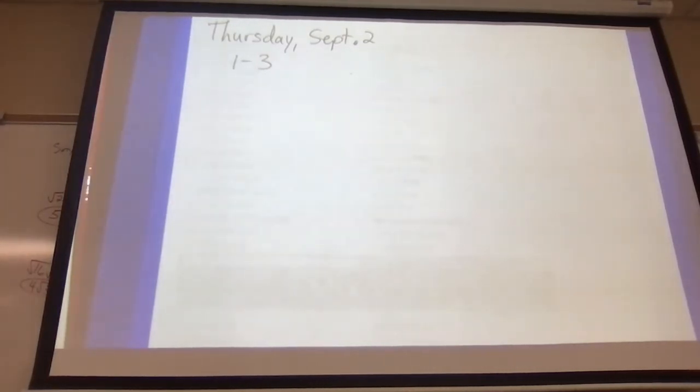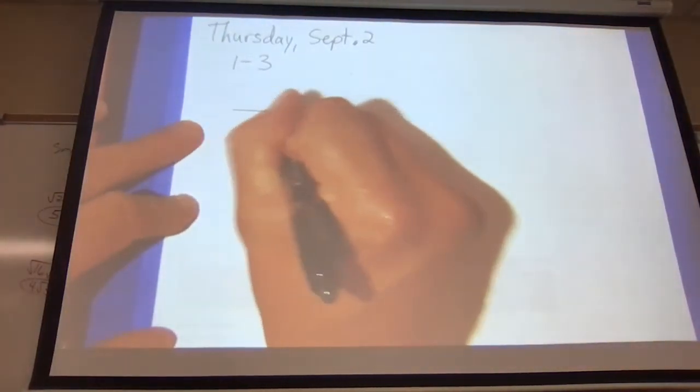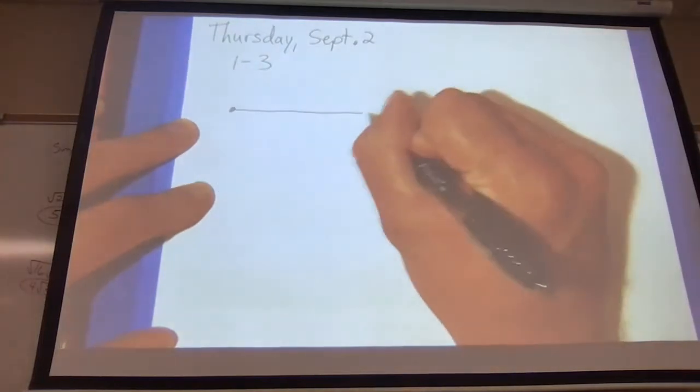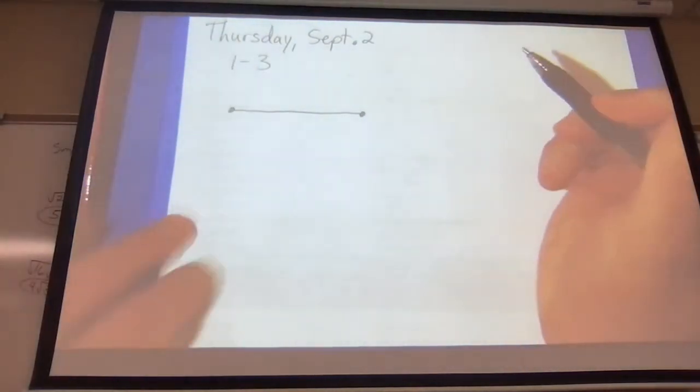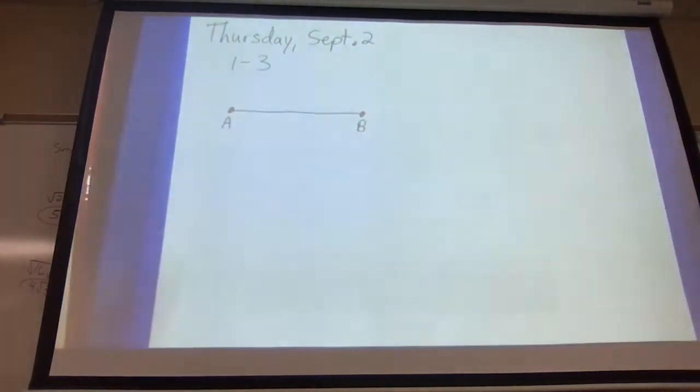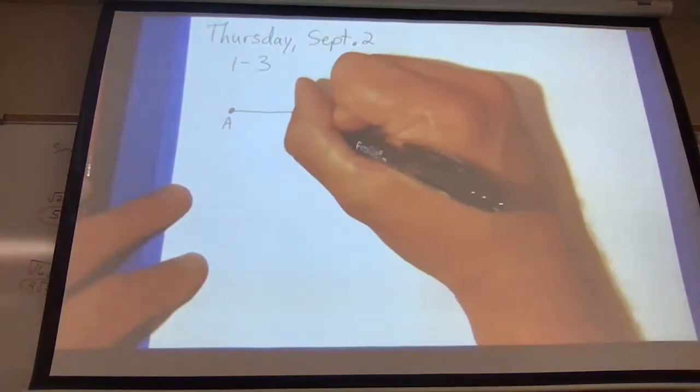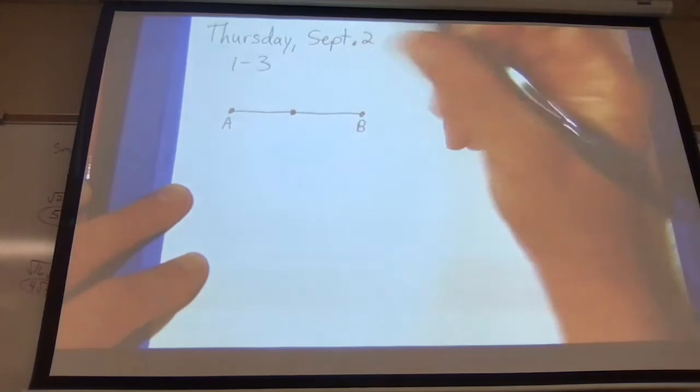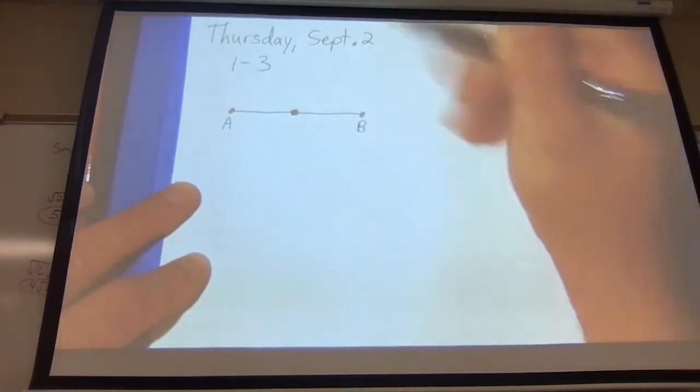Now, the first thing I'm going to do is kind of recap what we just did on your vocabulary. Let's draw a segment with 2 endpoints. I'm going to call those endpoints A and B. Now, for your notes, all you got to do is just copy down what I'm doing up here. Now, if we put a point right in the middle, and to show that it's right in the middle, try to get it as close to the middle as you can.